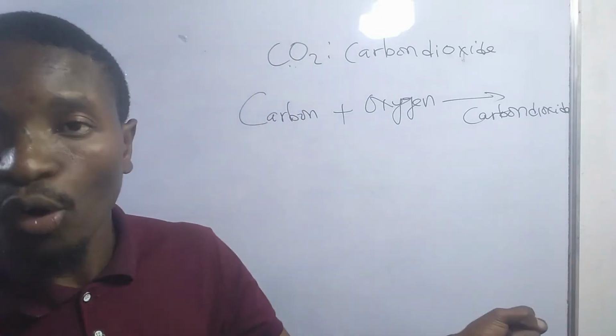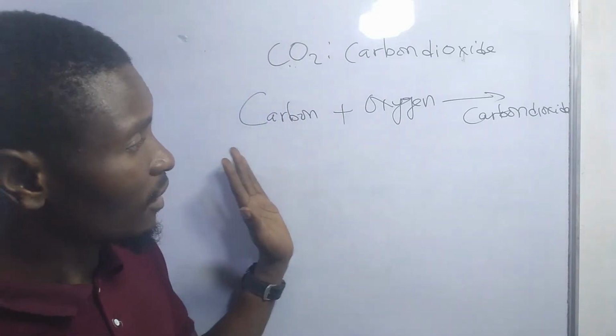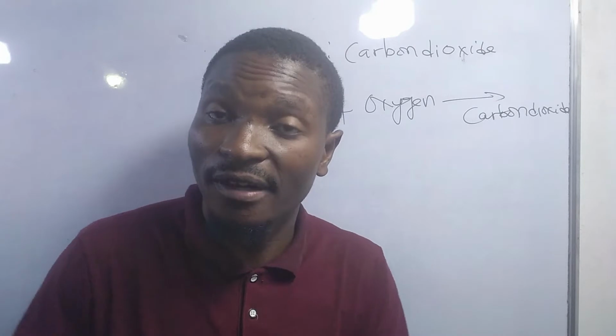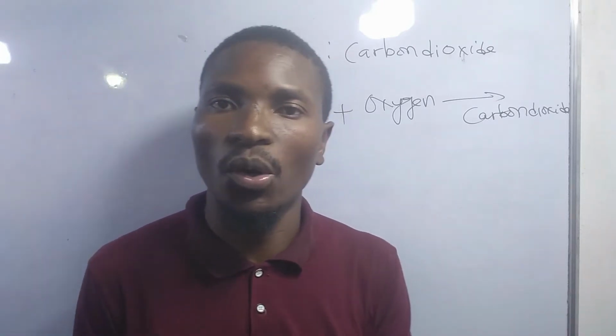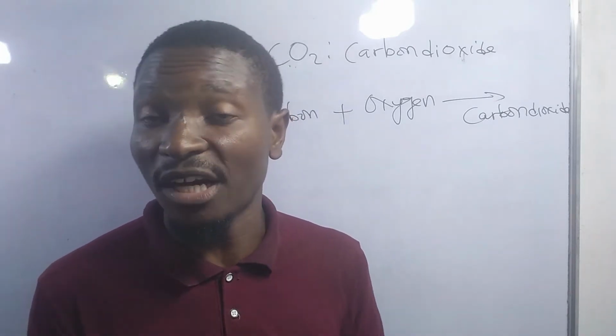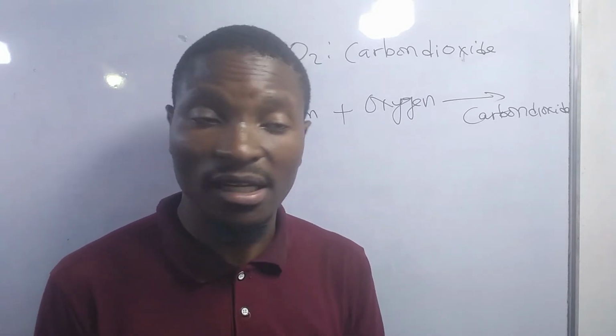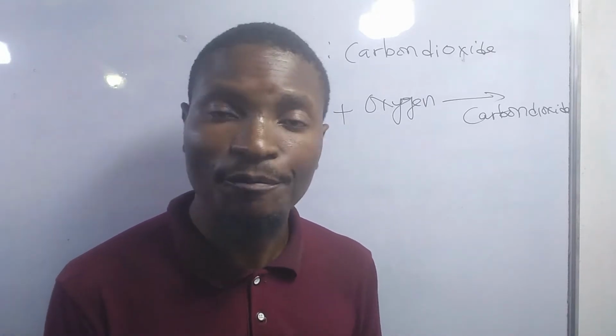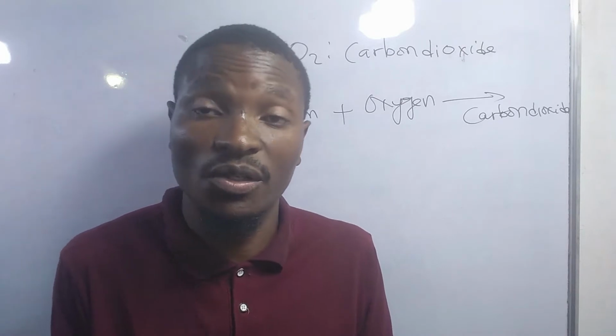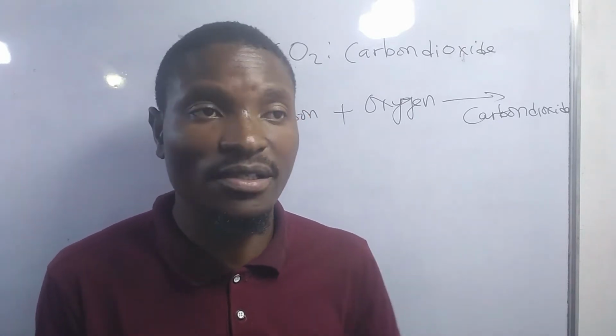So it's a simple chemical reaction between carbon and oxygen, and by the way, this is what we call a combustion reaction. When anything burns in oxygen, or any substance reacts with oxygen, that's going to give us carbon dioxide.